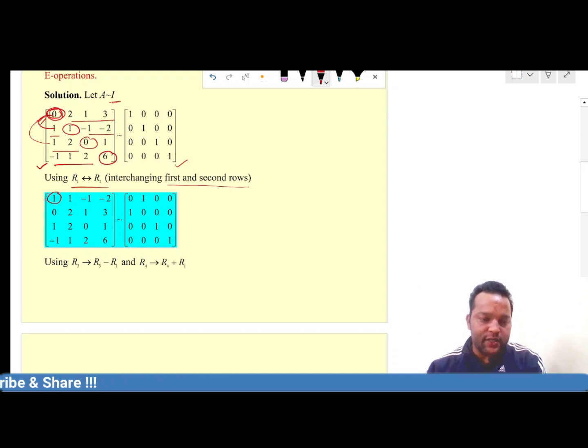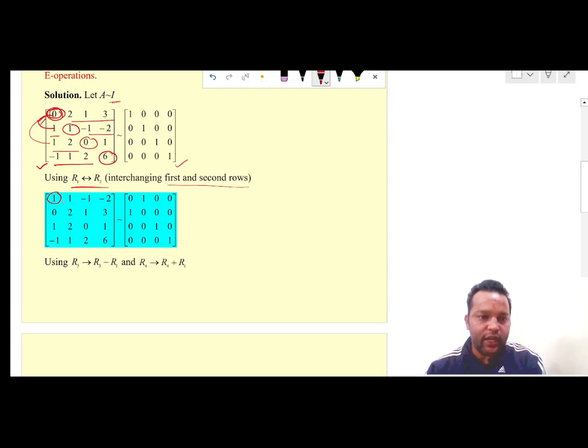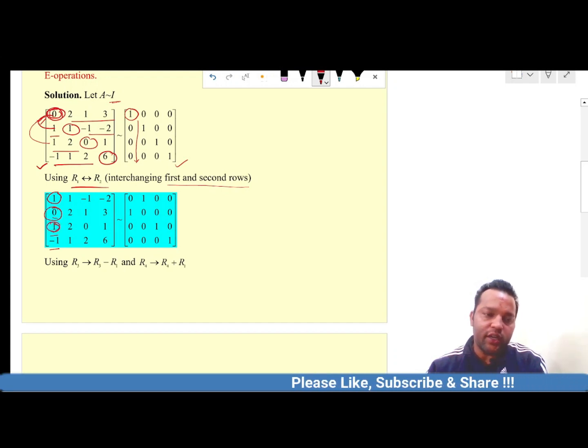Now our objective is to reduce matrix A into the identity matrix. First, all the elements below this first entry should be 0, so these entries are to be converted into 0 with the help of elementary operations. This one is already 0. Now this entry 1 needs to be reduced into 0 with the help of suitable elementary row transformations, and this can be done with the help of the first entry.